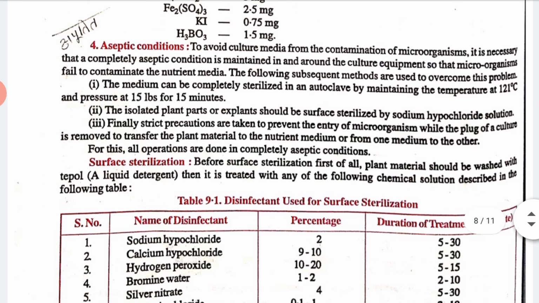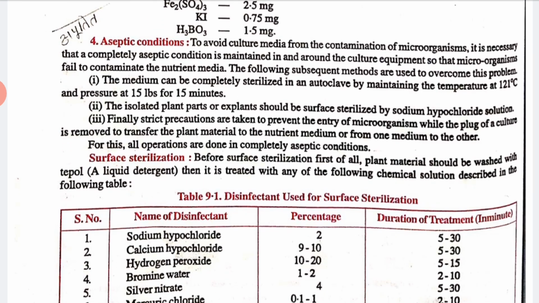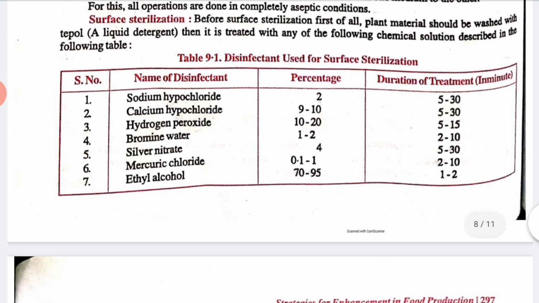Okay, now next is our aseptic condition. So what is the aseptic condition? So to avoid culture medium from the contamination of microorganisms, it is necessary that a complete aseptic condition is maintained, and around the culture equipment the microorganisms should fail to contaminate the nutrient medium, the following measures will be needed. Like first of all we have to do surface sterilization.